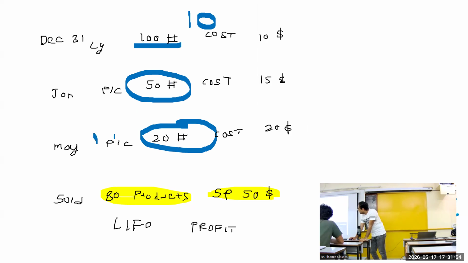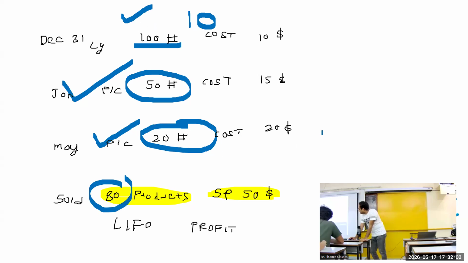So we're going to take this 20, we're going to take this 50, so that makes it 70, and for the remaining 10 we're going to be using this. So 20 into 20, अरे बोलो कॉस्ट कितना है? Cost is 400. Okay, so here the cost is 400. 50 into 15.